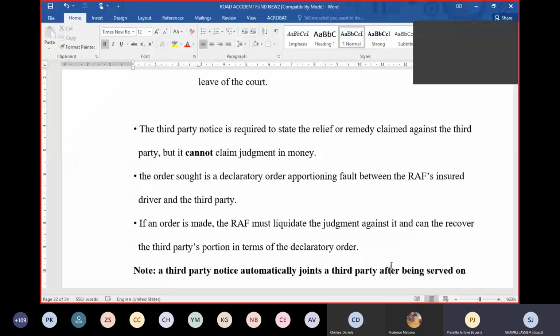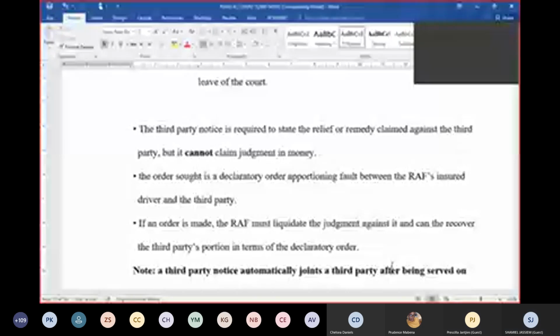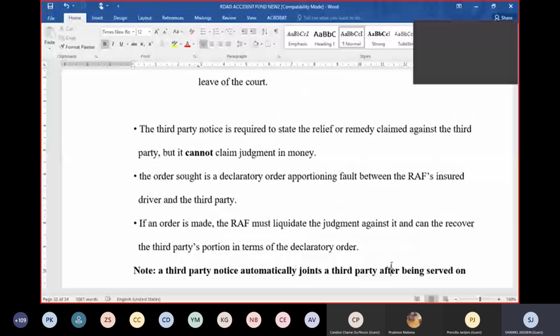Sorry, people. What was I saying now? You were saying, joined as a defendant, judgment may be granted against you. Thank you so much. If you're a defendant, judgment can be granted against you in terms of those two competent orders that we referred to earlier on.